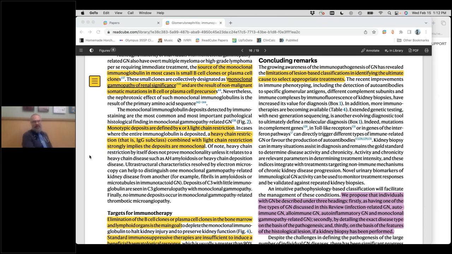So all things to continue to work on and improve in our field, but we're getting there. Pathways are being created, and we've got nowhere but up to go.